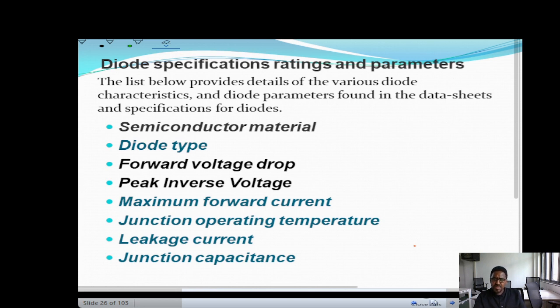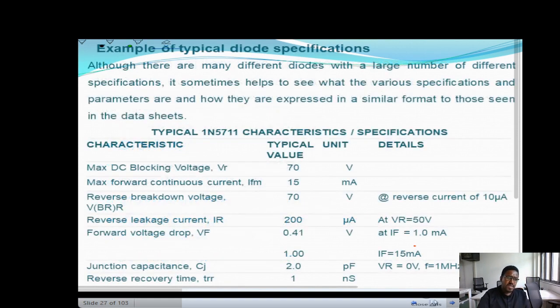You must also know the maximum forward current, junction operating temperature, that is the depletion region operating temperature, leakage current, and junction capacitance. So these parameters must be known. Let's see an example. There are many different diodes with a large number of different specifications.